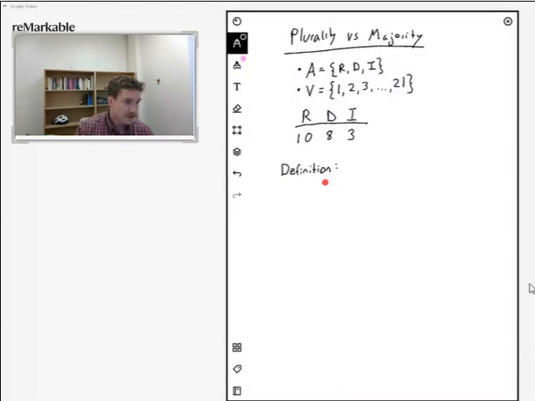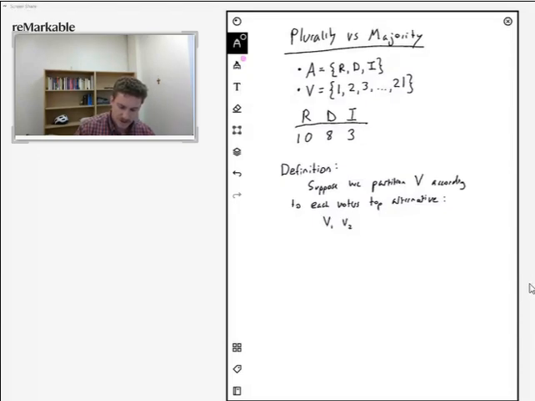So, definition. Suppose that we partition our set V of voters according to each voter's top alternative, giving us V1, V2, ... through Vm.